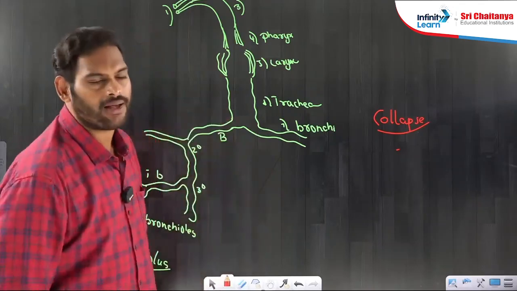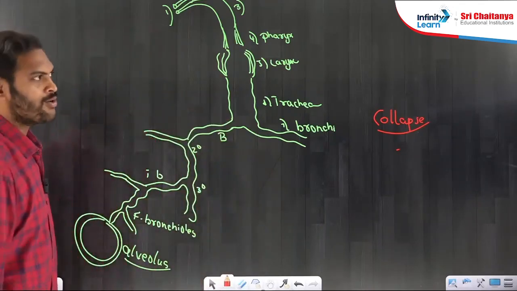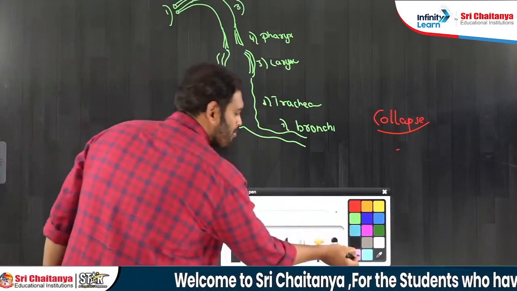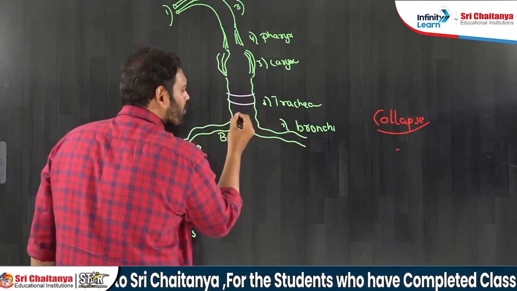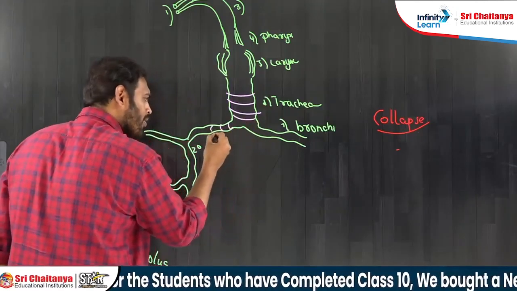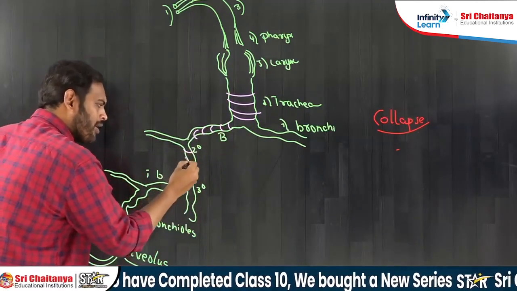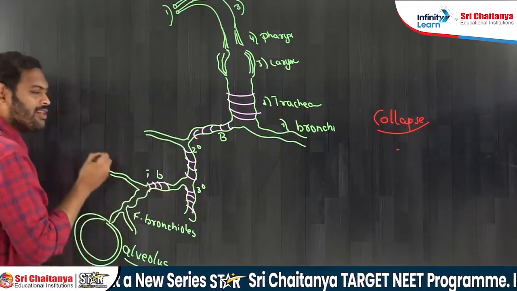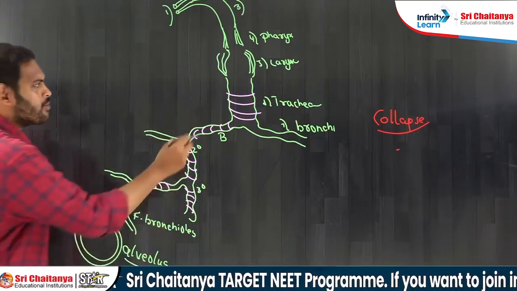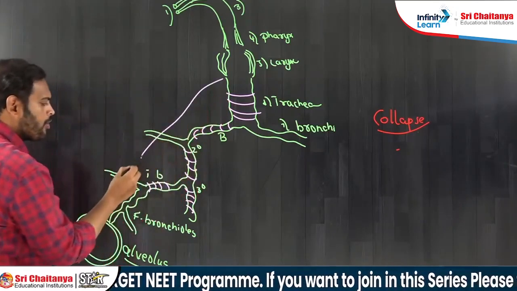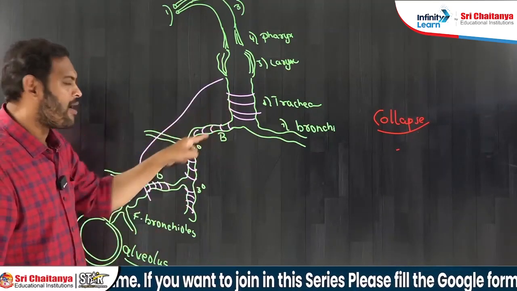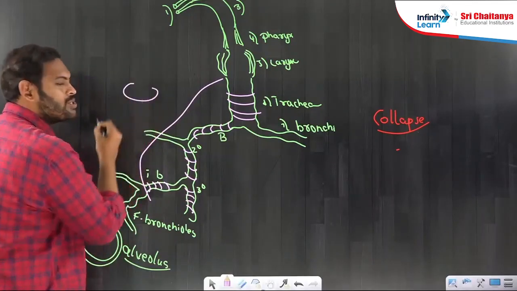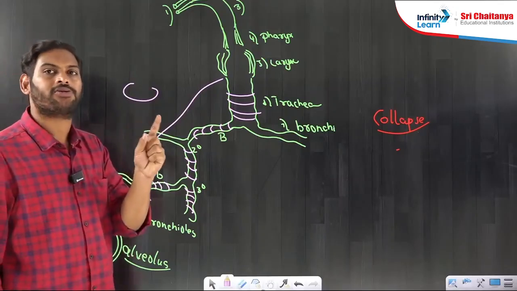But we're lucky enough that there was a savior to not let this happen, because your trachea, bronchi, secondary bronchi, tertiary bronchi, initial bronchioles, till this level, starting from the trachea to initial bronchioles, the entire path is actually supported by incomplete C-shaped cartilaginous rings.